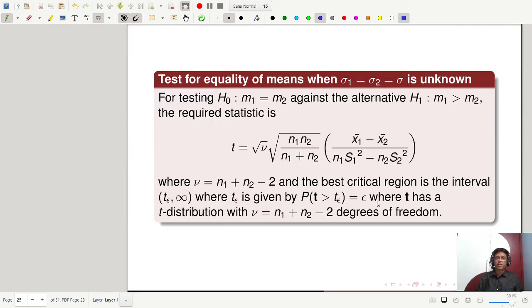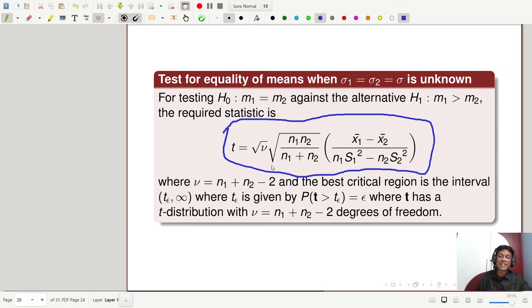Next, if sigma 1, sigma 2 are unknown but equal to sigma, suppose the standard deviation is the same but unknown, then what will be the test? The test will be the T statistic, where T equals root over n1 n2 over n1 plus n2 times x1 bar minus x2 bar, divided by the square root of n1 s1 square plus n2 s2 square, where nu is n1 plus n2 minus 2.